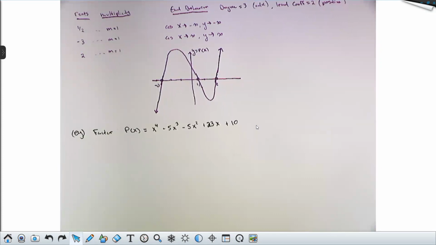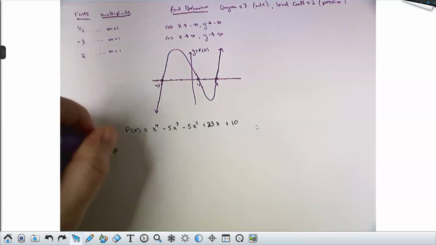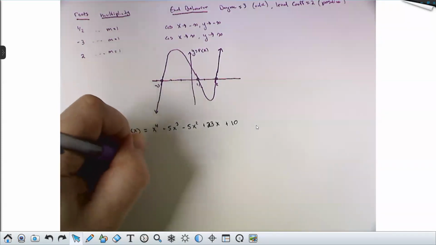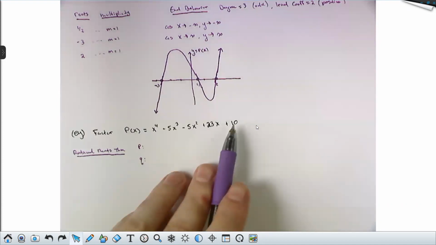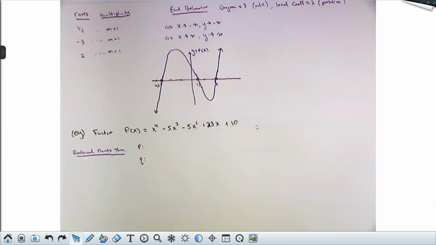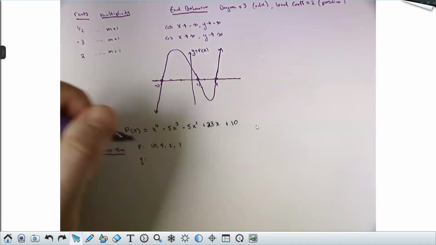As in the previous one, we're going to use the rational roots theorem, which says we've got to come up with our P's and our Q's. P's are going to be divisors of 10. Q's are going to be divisors of 1. Well, the numbers that cleanly divide 10 are 10, 5, 2, and 1.